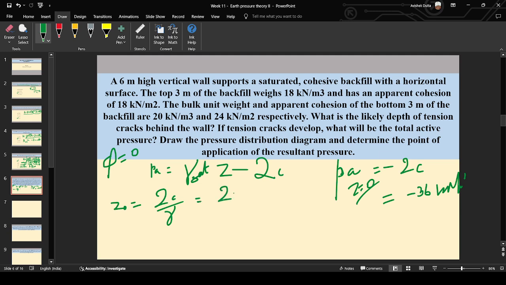So 2 into 18 by 18 is 2 meter. So the depth of the tension crack over here is 2 meter. This is the answer of the first question, assuming that the tension crack is in the first layer only.